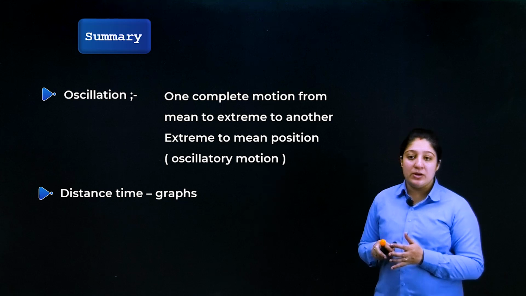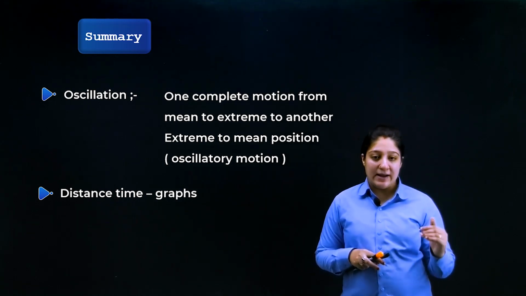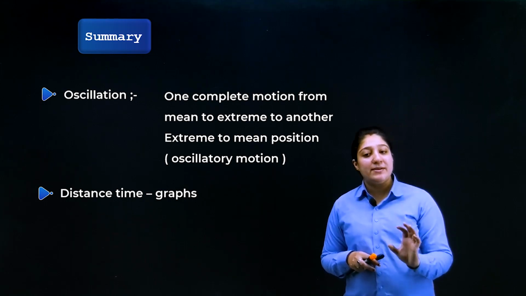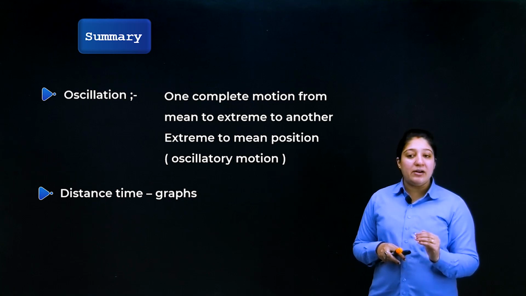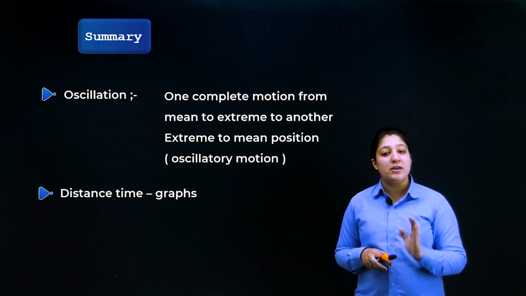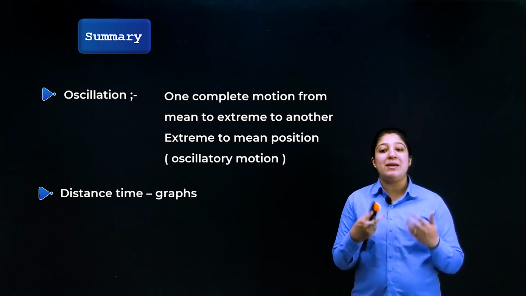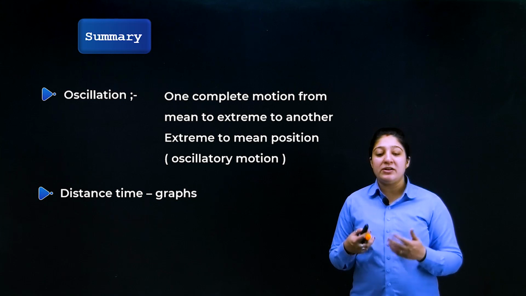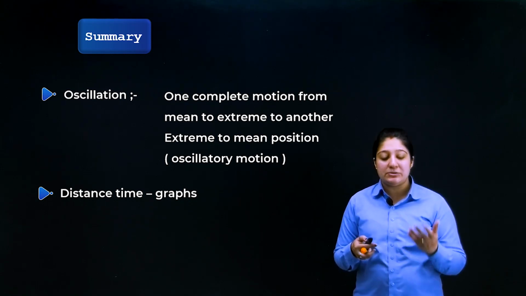Now, if there are equal intervals between distance and time, then the graph represents uniform motion, and if there are unequal intervals between distance and time, then the graph represents non-uniform motion. And from the distance time graph, the main thing for which we get the data is our speed.